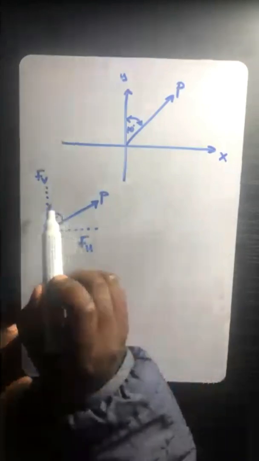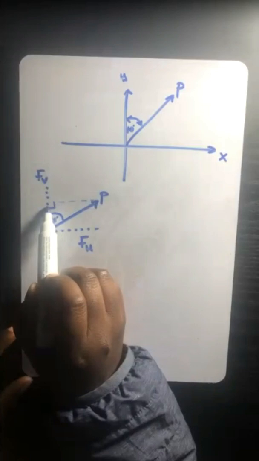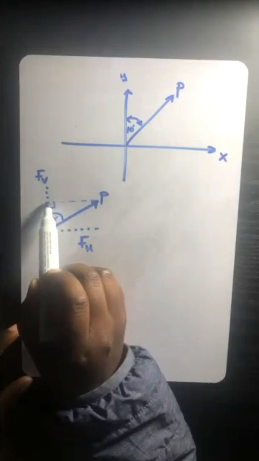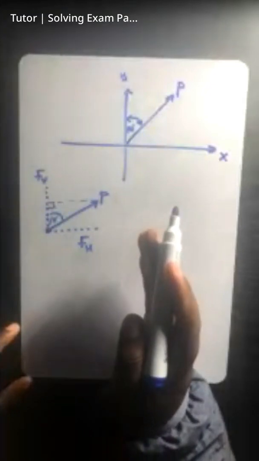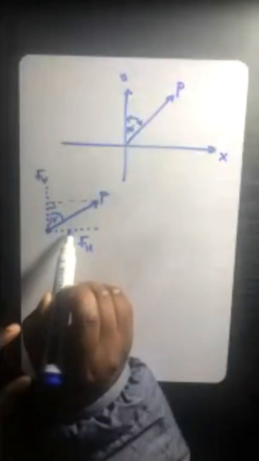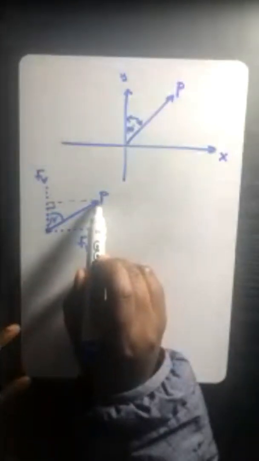You can form a right-angled triangle or the 90-degree angle using the vertical or the horizontal, and you do that after you have identified the angle. If the angle was there, you draw a dotted line and form a 90-degree angle there. But in this case, it's given there.